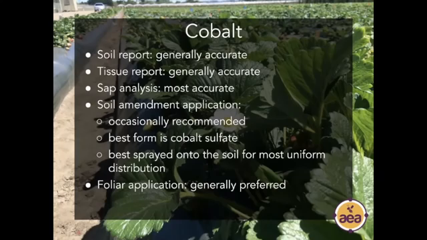But we do find good crop responses and good biology responses from cobalt applications to the soil in the form of cobalt sulfate. And my hypothesis, I don't know this for certain, is that the reason is that cobalt is so critical for soil biology.